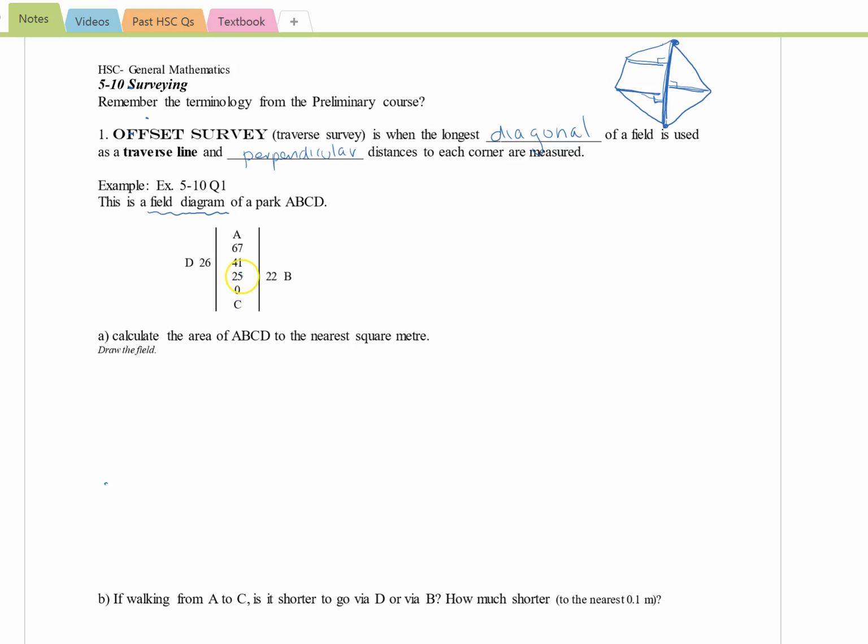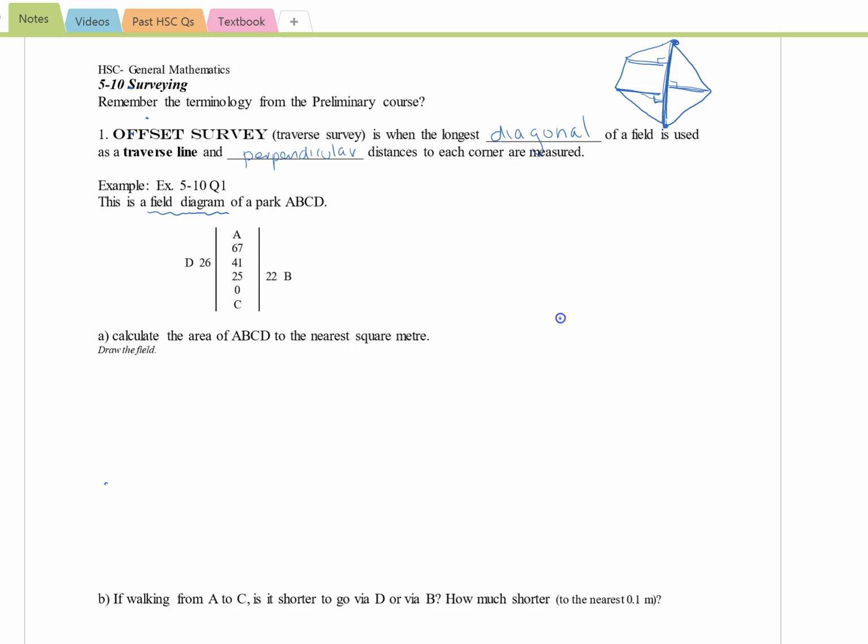We traversed forward 25 metres, and there was a corner out on the right exactly at 90 degrees, 22 metres out to the point B. I'm going to draw the diagram so that we can get a sense of what's happening.